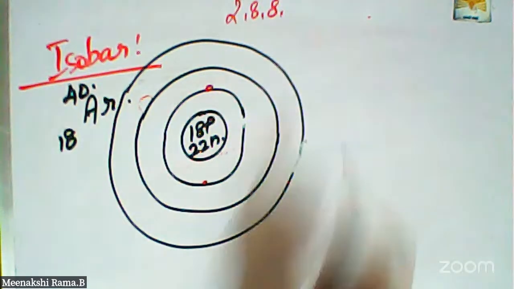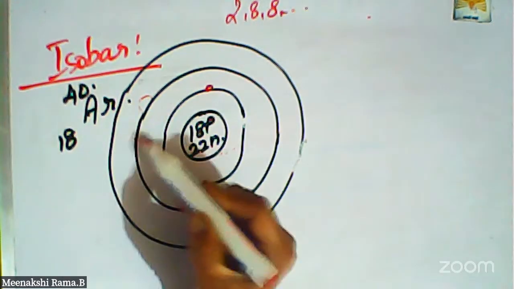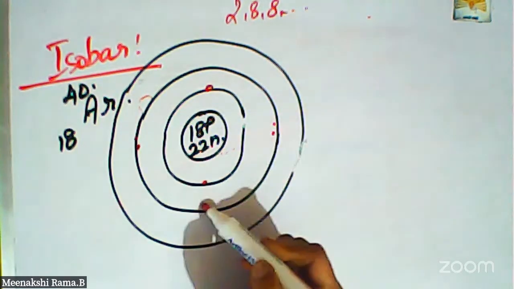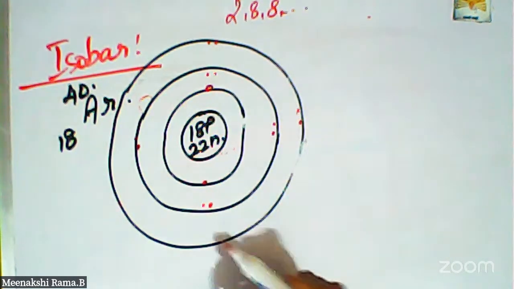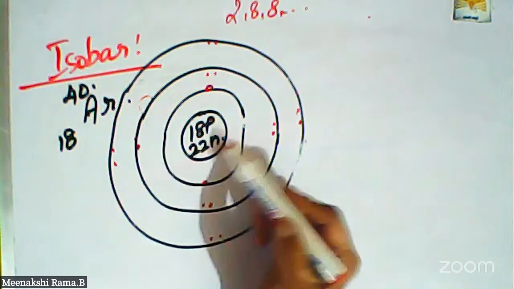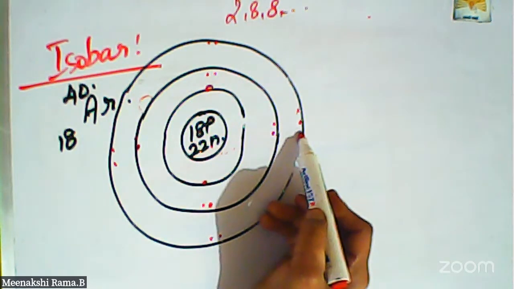So the first shell contains 2 electrons, the second shell contains 8 electrons, and the third shell also contains 8 electrons. 2 plus 8 is 10, 10 plus 8 is 18.